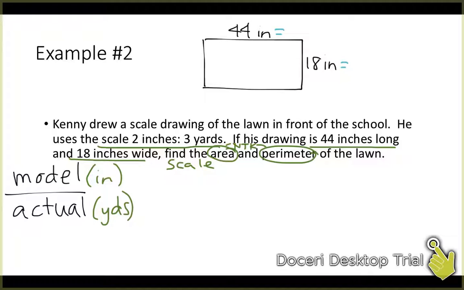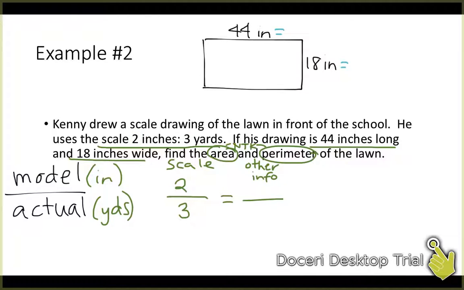My guide fraction is going to help me set up my proportion. So I have my scale and my other info. In this case, my scale is 2 inches to 3 yards. Notice I'm taking 2 to 3. Now I need to find my other information.